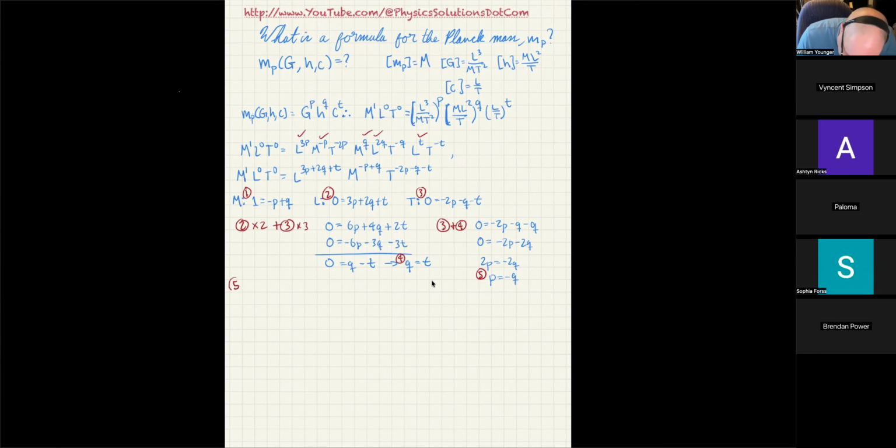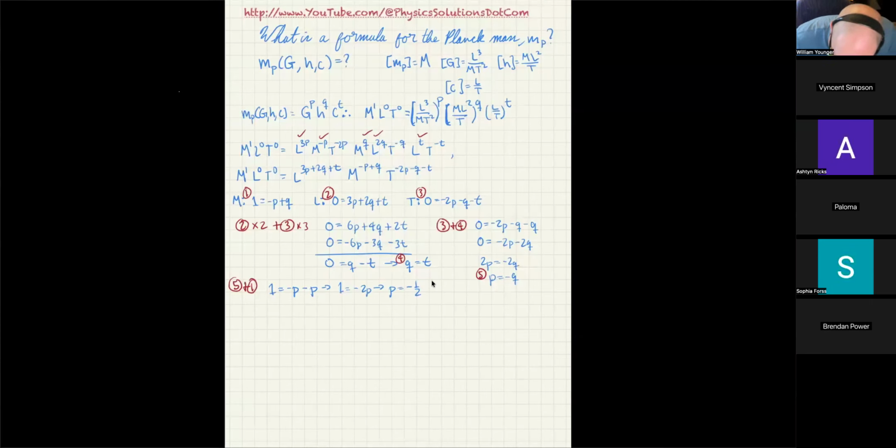So 5 in 1, I get 1 is equal to negative P, and then Q evidently is also negative P. So I'm going to get negative P plus Q becomes negative P minus P. So this means that 1 is equal to negative 2p, which means that p is equal to negative 1 half.